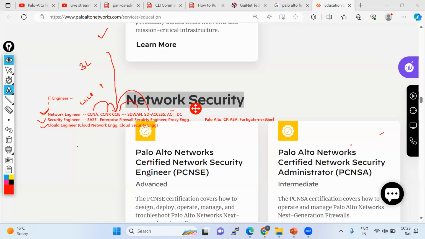Security is something that is just going to protect you. Firewalls are devices that basically protect you from any kind of unauthorized activity. Even if an employee sitting in the company wants to leak some data, that also needs to be protected.